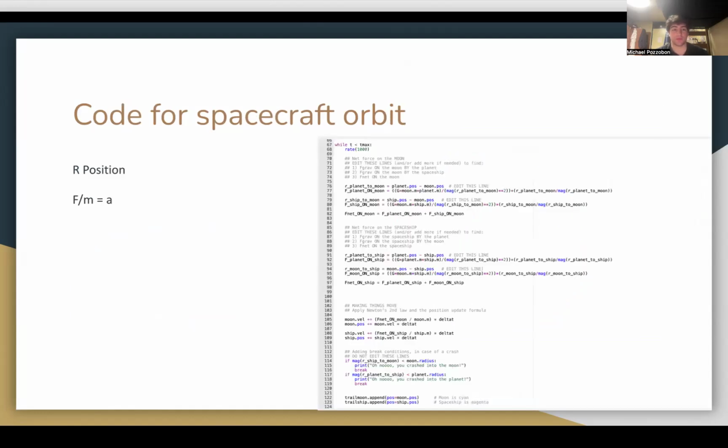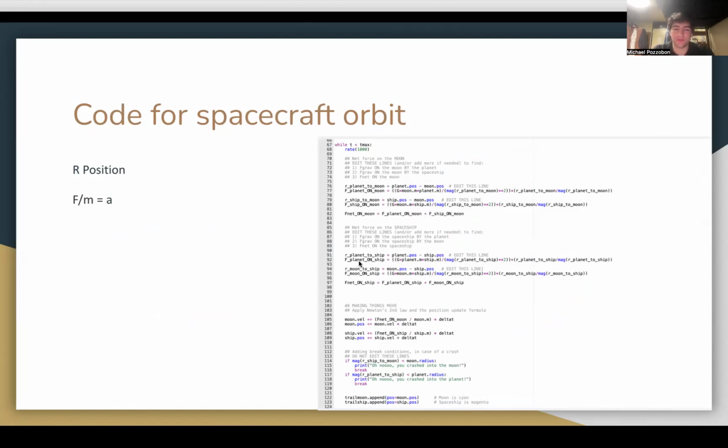The code for the spacecraft orbit. R in here is the position, and we use Newton's equation, force over mass equals acceleration. We also use the gravity equation, as you can see here, because the F net on the ship is equal to the gravity of the planet.